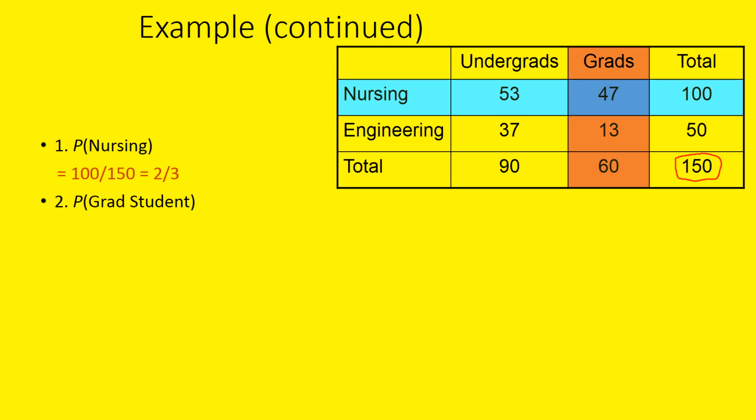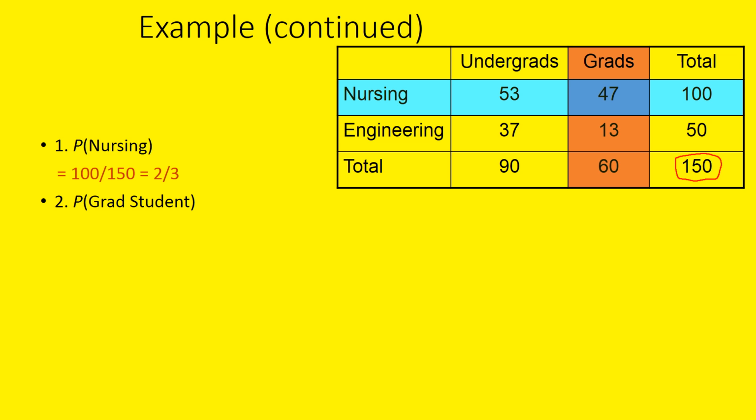Probability of grad student. Well, grad student, that's the red column there. And of course, there are two majors, nursing and engineering. There are undergrads on campus and grad students on campus.